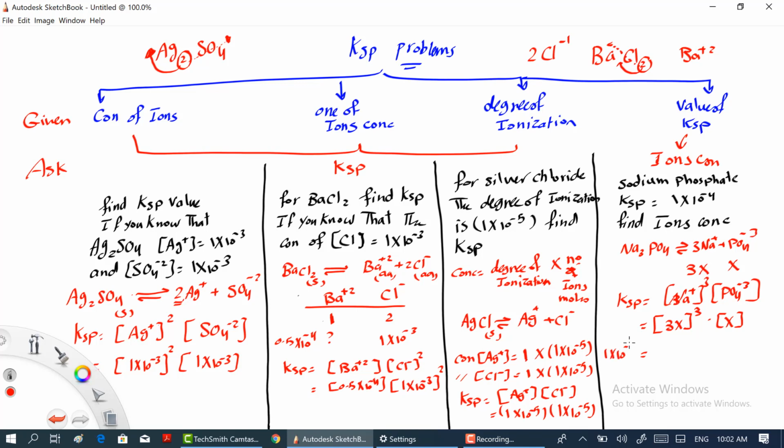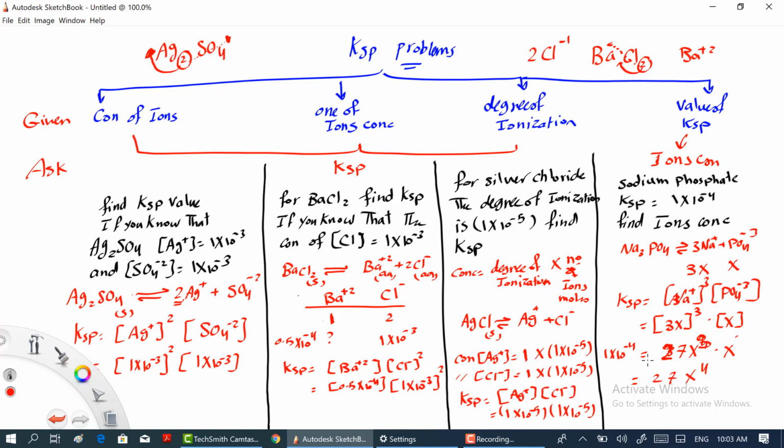So the Ksp, 1 times 10 power negative 4, equals 3 to power 3, which is 27, x power 3 times x, so it will be 27 x power 4.